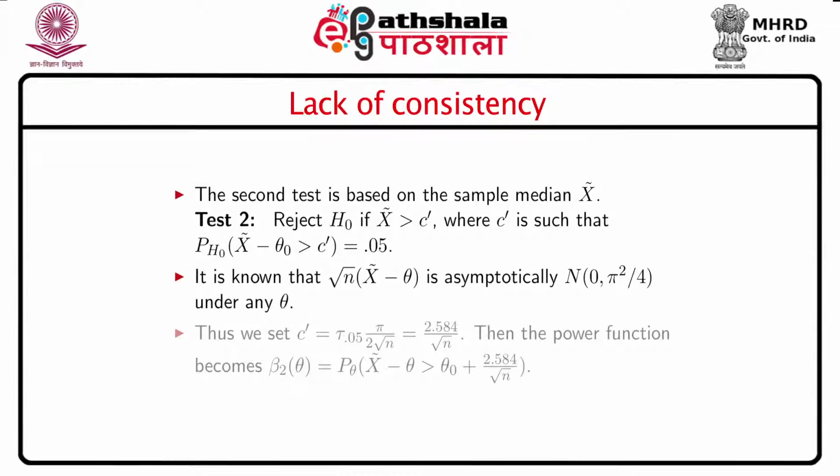Now, it is known that square root of n (X curl minus theta) is asymptotically normal 0, pi square by 4 under any theta. Thus, we set c dash as 2.584 divided by square root of n. Then the power function becomes beta 2 of theta equal to probability that X curl minus theta is greater than theta naught plus 2.584 by square root of n, and this probability is evaluated under theta.